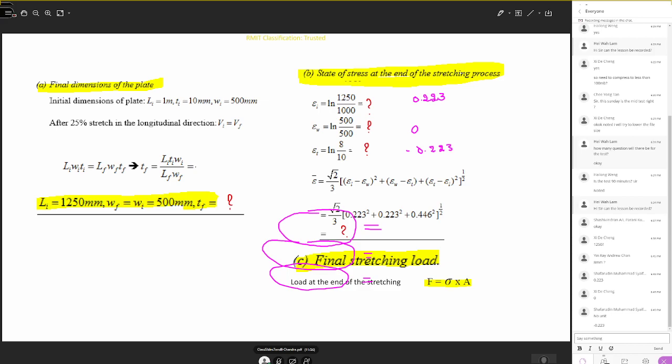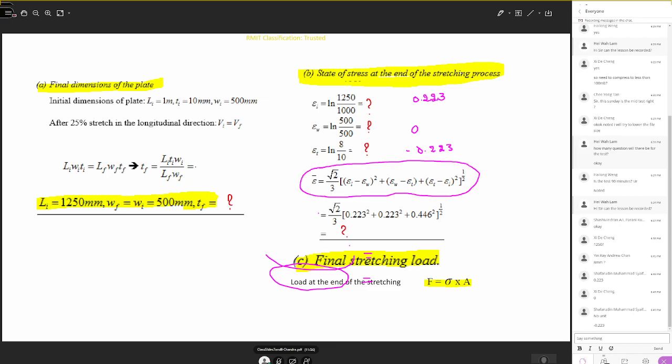Okay. So now to calculate the stress at the end of the process, you need to calculate the effective strain first. So we know the three components of strain. So now we calculate the effective strain. So to calculate the effective strain, we apply the formula square root of 2 by 3 epsilon.